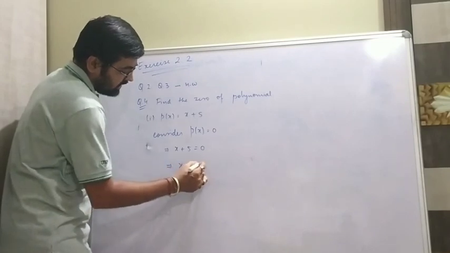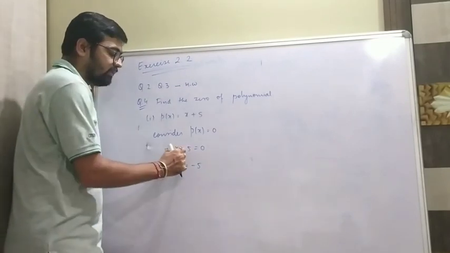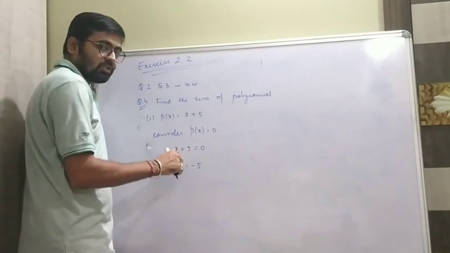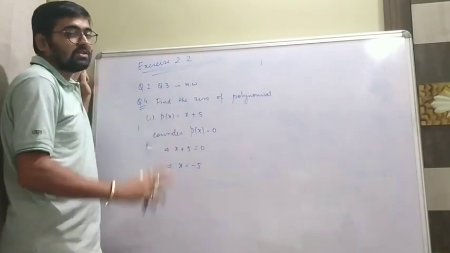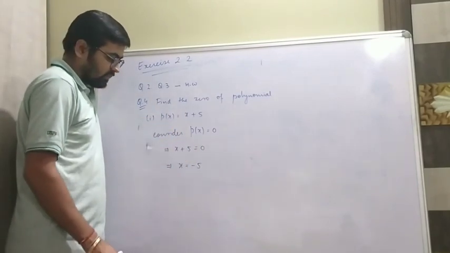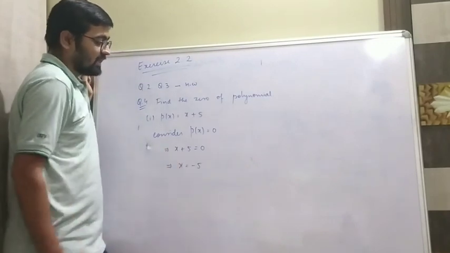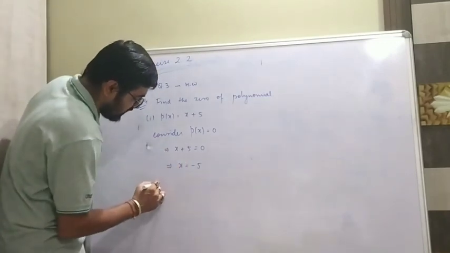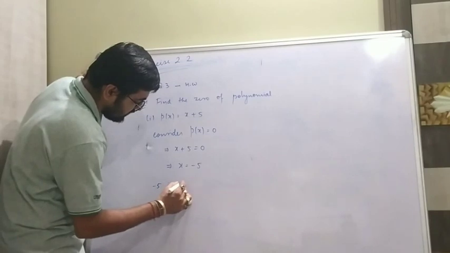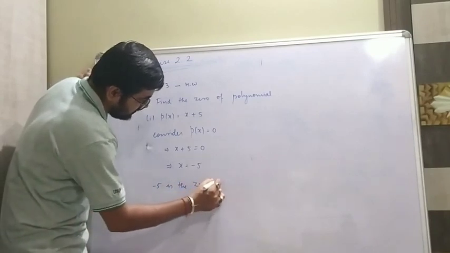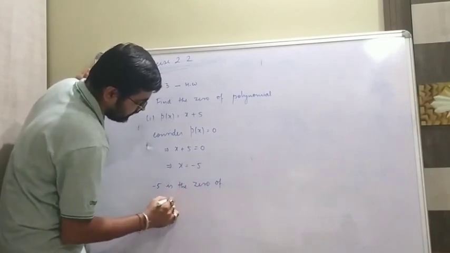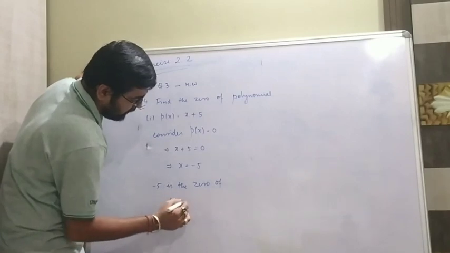That means x equals minus 5. I told you if you take the addition or subtraction to the other side, its sign will change. Simple. So I got x equals minus 5. So I can easily say that minus 5 is the zero of p of x.